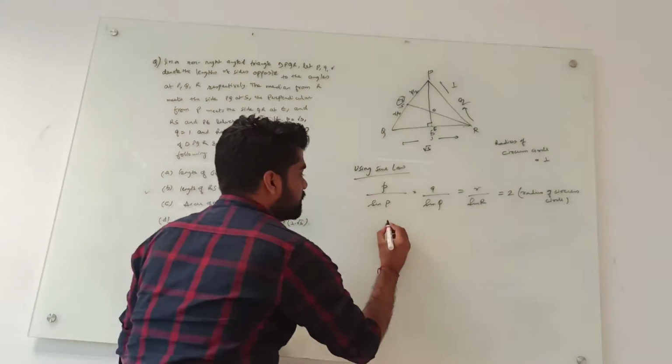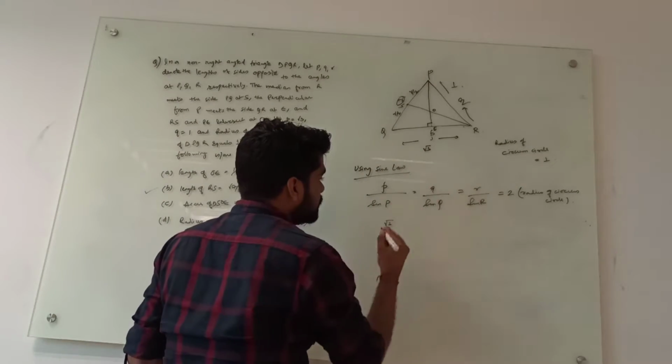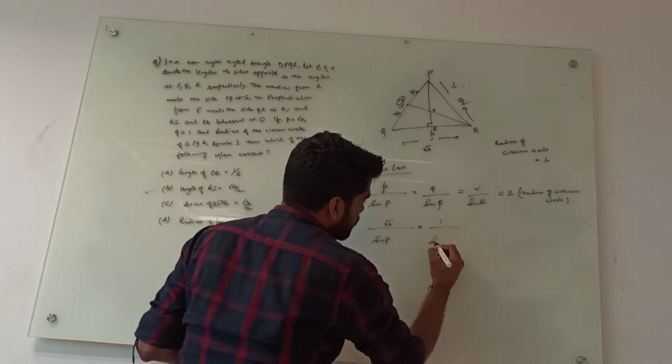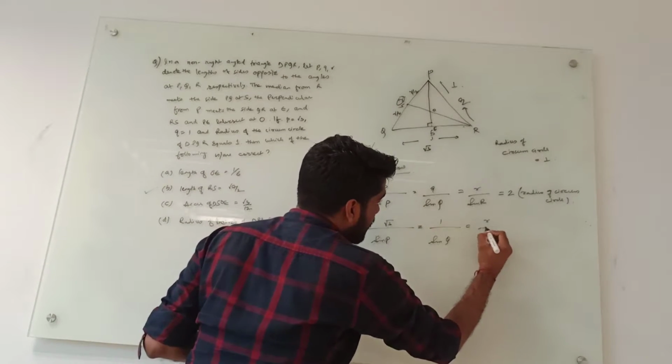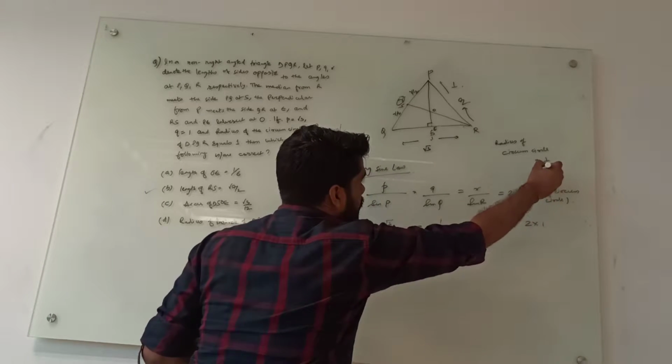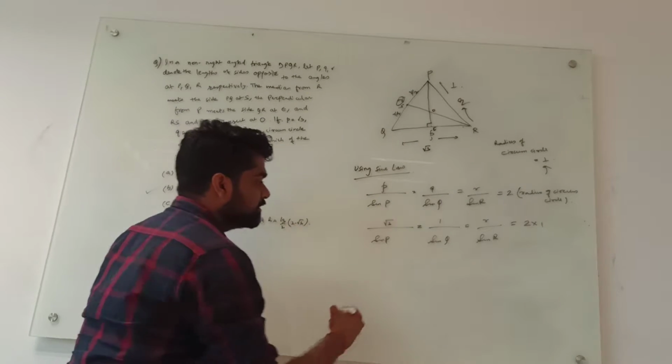Correct. So let us put the values. p is root 3, so root 3 by sine P equals 1 by sine Q equals r by sine R equals 2 into 1, because the radius is 1.